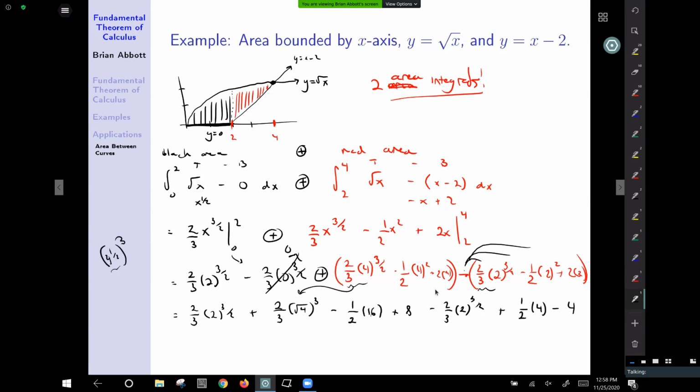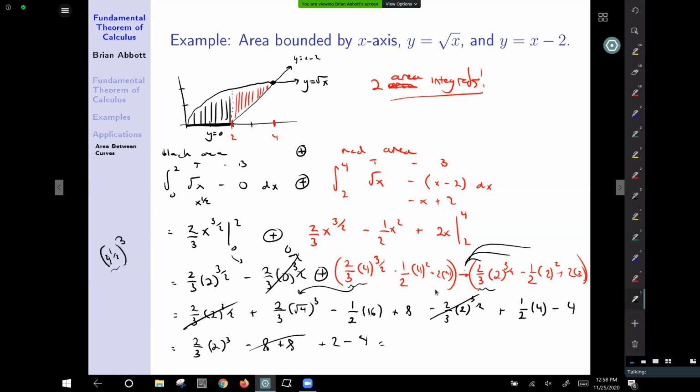Okay, does anything tidy up nicely? Yeah, probably. Most notably, we can just cross out these guys because they're positive and negative being added together. So we've got 2/3 times square root of 4 is 2 to the 3rd power. Minus 1/2 times 16 is 8. Plus 8, that adds to 0. Plus 1/2 times 4 is 2, so plus 2 minus 4, that gives us negative 2, but we'll worry about that next time.